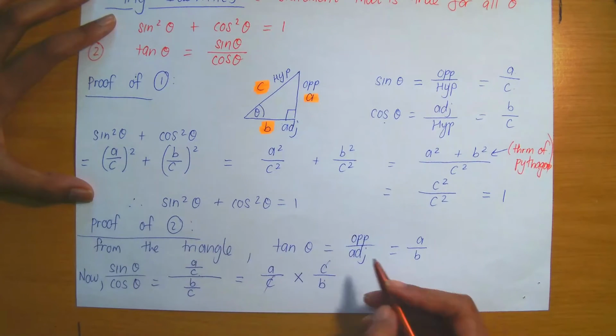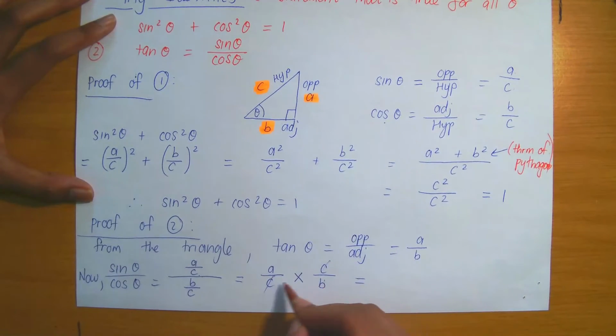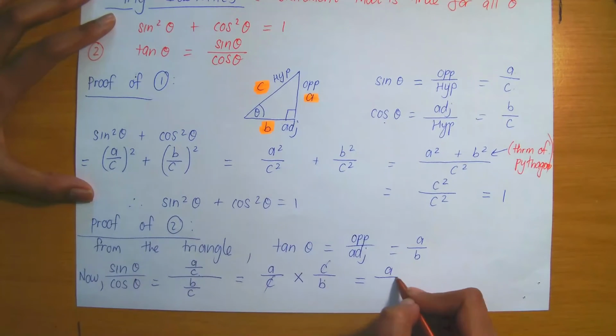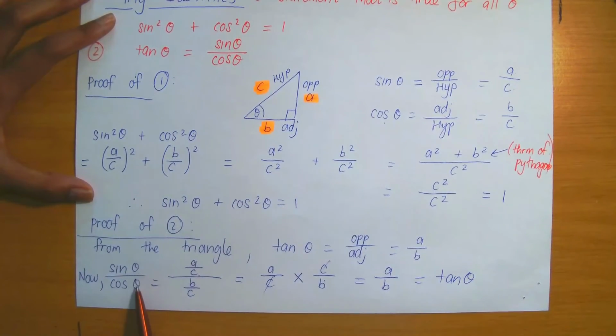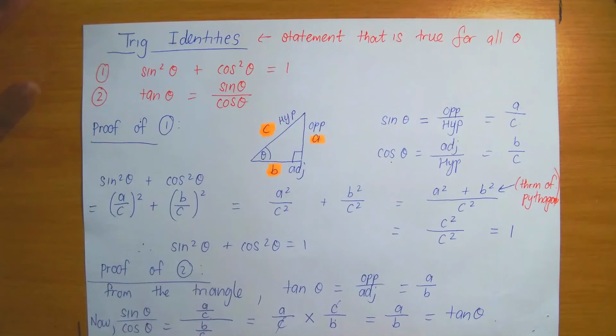Observe that the C's now cancel, and this multiplication now simplifies to A divided by B. And remember, A divided by B is actually tan theta. So we have shown that sine theta divided by cos theta is indeed tan theta. So those two trig identities actually hold true, and we have proven so.